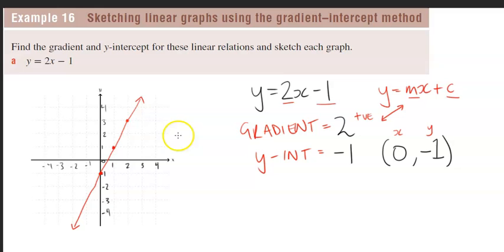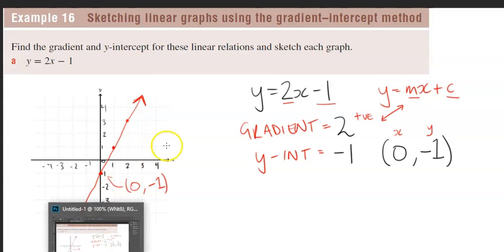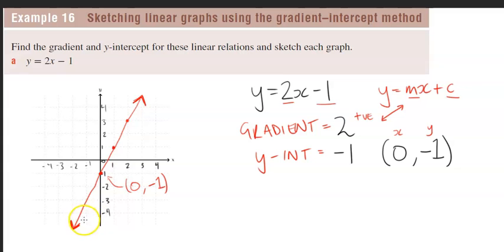Now, there are some little things that you need to remember when sketching a graph. The first thing is you're always going to put in whatever your y-intercept is. In this case, it is 0, -1. The second thing is you need to put these little arrows at the end of each line to indicate that the line keeps going forever in both directions.